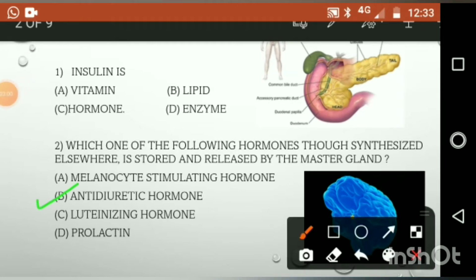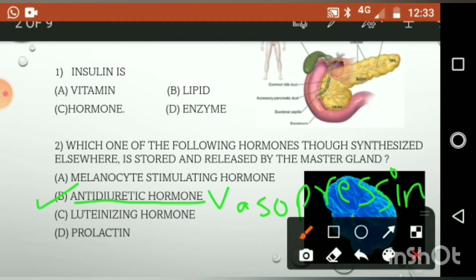Antidiuretic hormone, also called vasopressin. The target organ of this hormone is the kidneys.